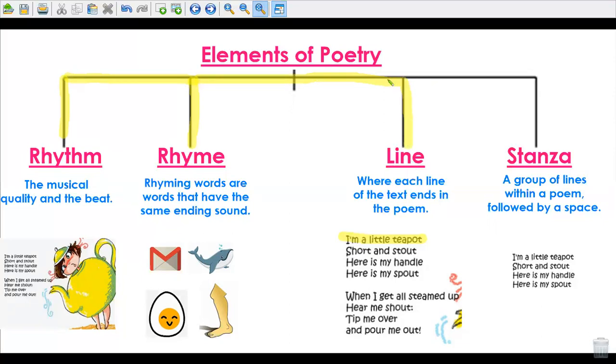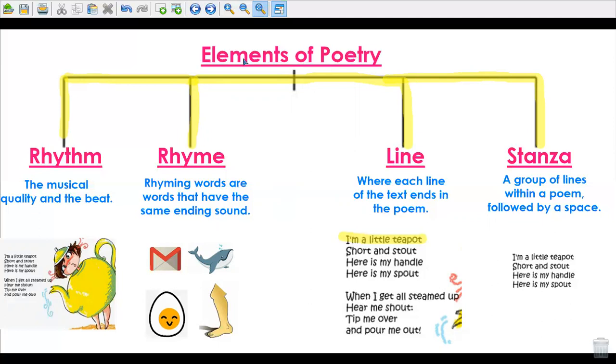Everyone say the word line. And then we have our last branch, and this is probably one of my favorite words because it sounds so cool. Stanza. Everyone say stanza. You can pause your video here so that you can be sure to copy down your tree map correctly.